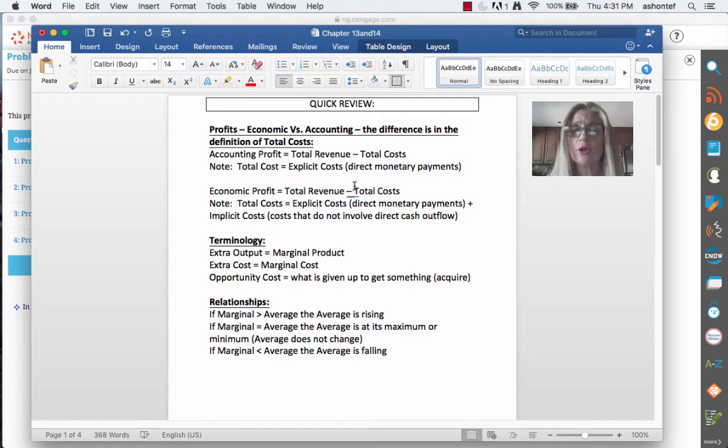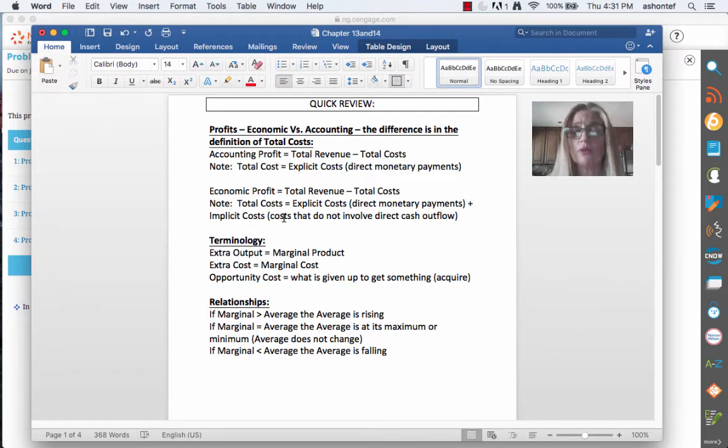Economic costs, when they look at costs, they also include the explicit costs, just like the accountant does, but they also add on an additional type of cost, which we call the implicit cost. And those are costs that do not involve direct cash outflows or cash payments.